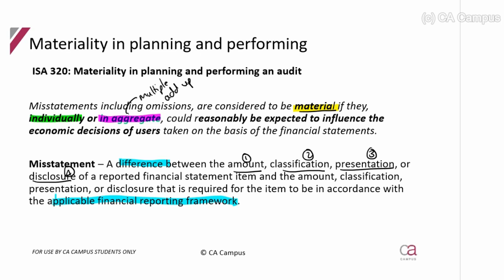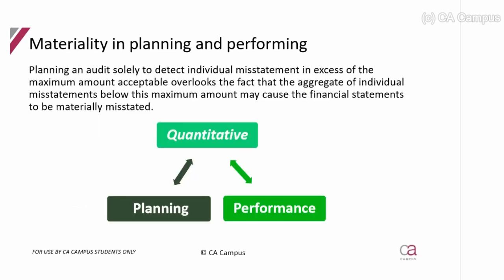So when it comes to quantitative materiality, we have to be conservative in the figure that is used. And in order to do that, two figures are going to be determined. For quantitative, there is going to be planning materiality and performance materiality. Two material amounts. And they differ. I'm going to show you the difference quickly here. Planning is going to be more and performance is going to be less.